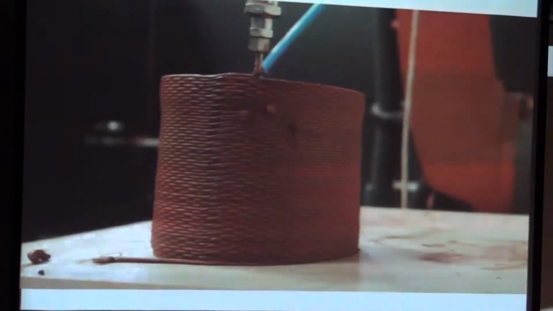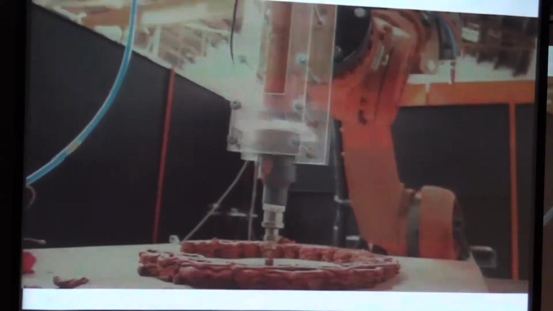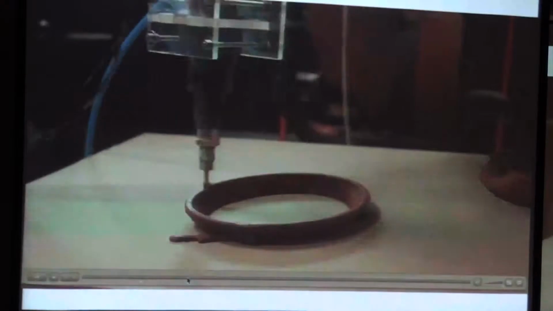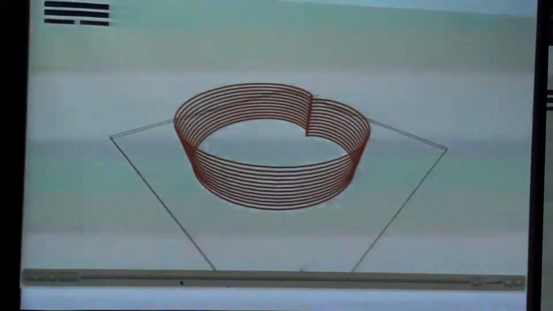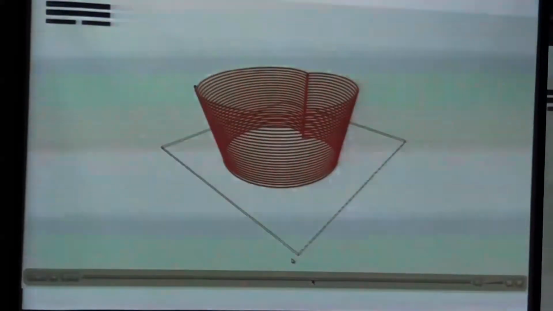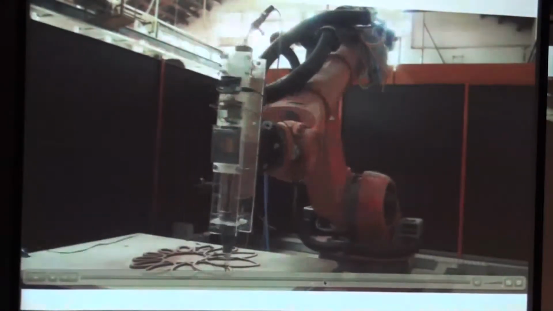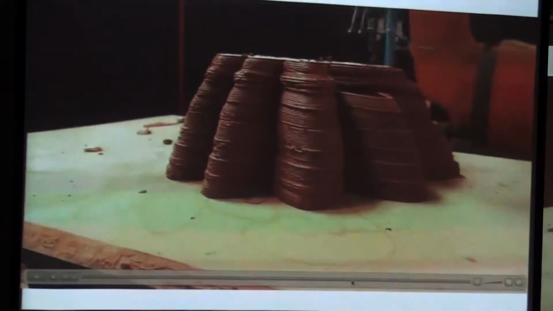So we have tried to use traditional materials, clay material, and combine it with automatization in the production, combine it with computer control of the design of these objects, and try to see the limits of the materiality, the limits of the production, and how we can start thinking of this mass customization in 3D printing constructed objects. So these are some simulations of the computer control, and then our robot back in Barcelona creating different kinds of structures out of clay.